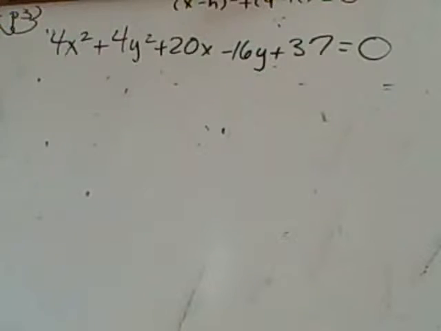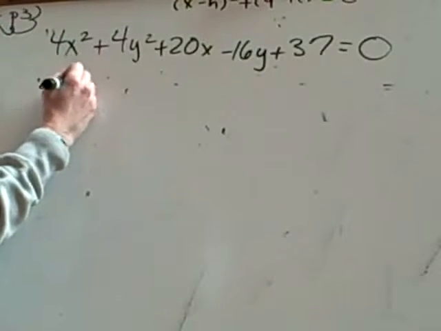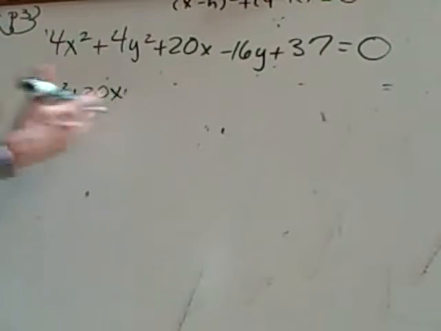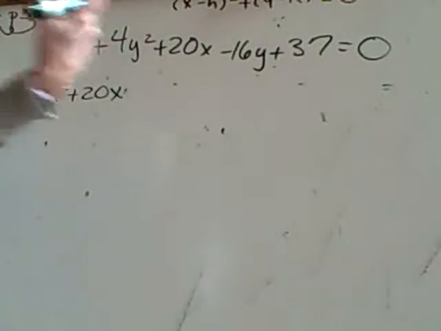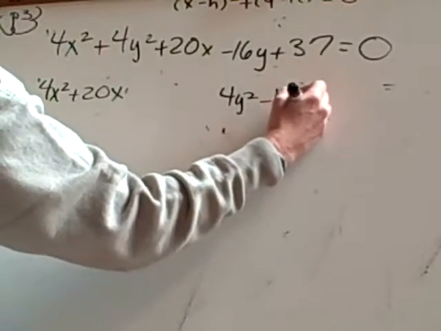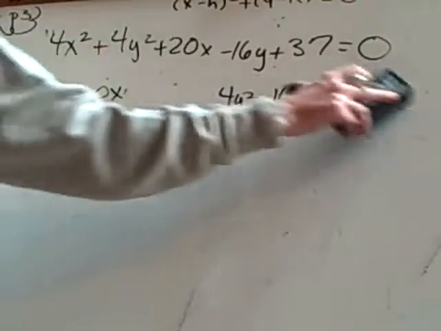Again, they've just basically set it up into two separate things. First thing I'm going to do is write all my x's together: 4x squared plus 20x, and I'm just going to leave it right here for now. Are you okay with that? Over on this side, I've got 4y squared minus 16y. I'm going to subtract 37 from both sides.